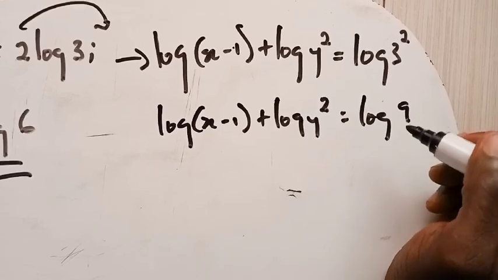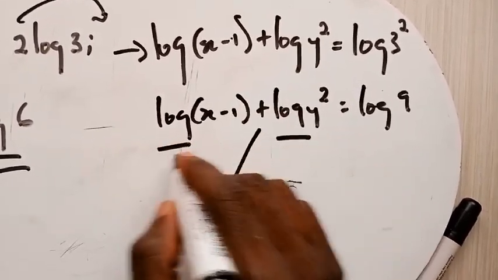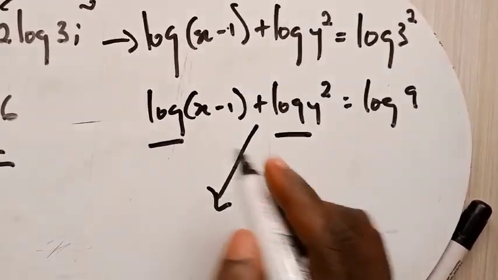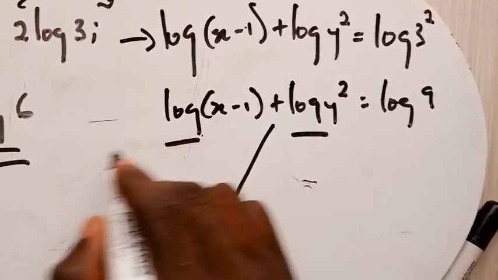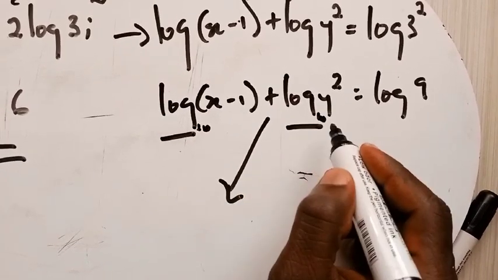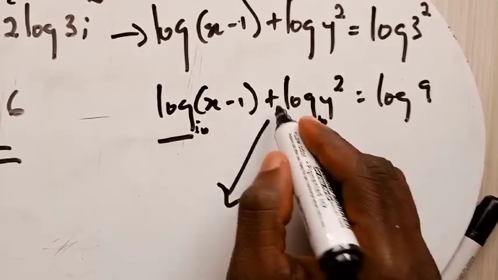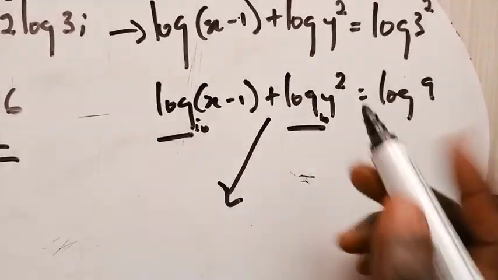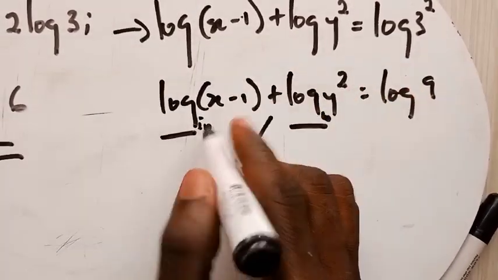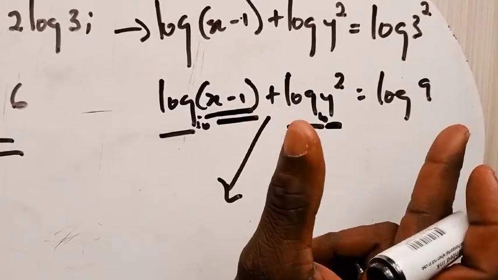Is that okay? So what are you going to do? Remember, the law says that if you are adding logarithms coming from the same base, by the way, the base here is going to be 10, right? So if you have any logarithm without a base, it means that it is in base 10, right? Okay, perfect. When we are adding two different logarithms with the same base, the law says that we can multiply this and then that, combining them into one, right?